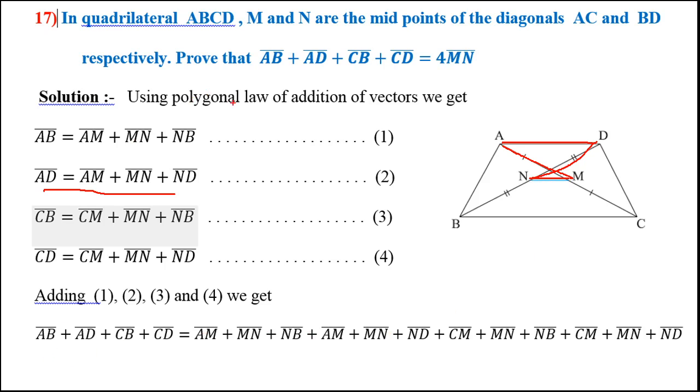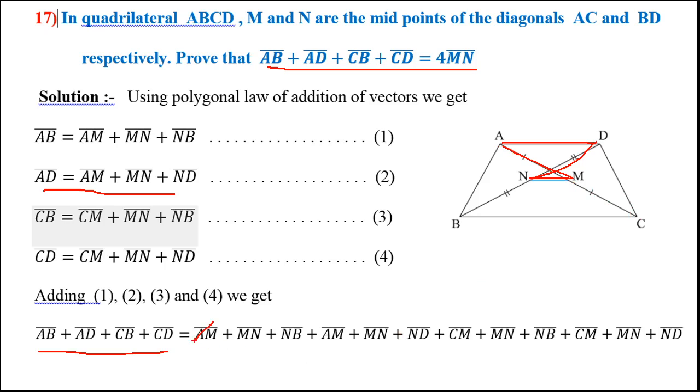And now in this equation, if I start from the left side and replace this AB bar, AD bar, CB bar, CD bar by these expressions, I get this equation. And in this equation, I observe that AM bar plus CM bar is equal to 0.